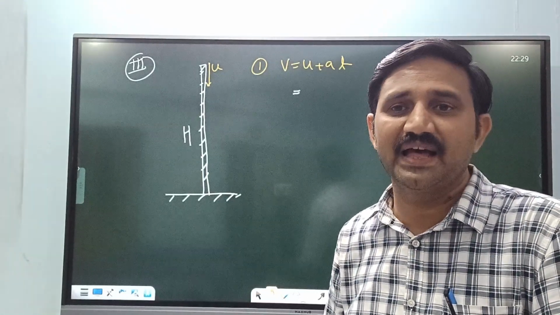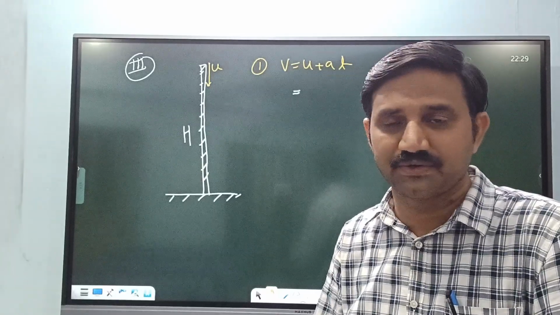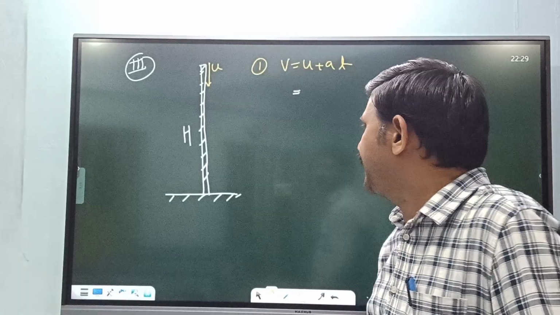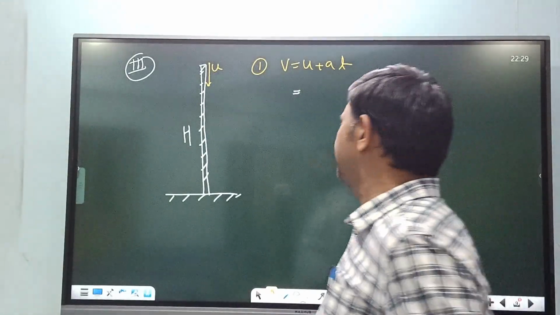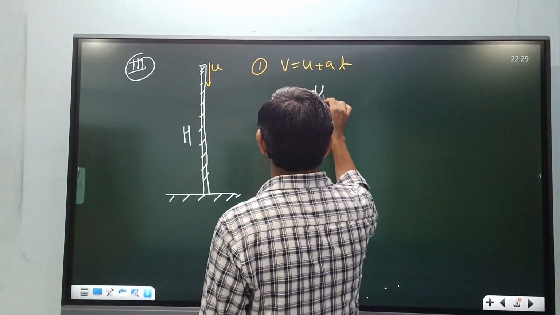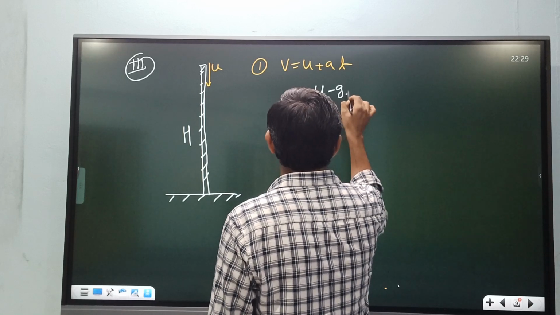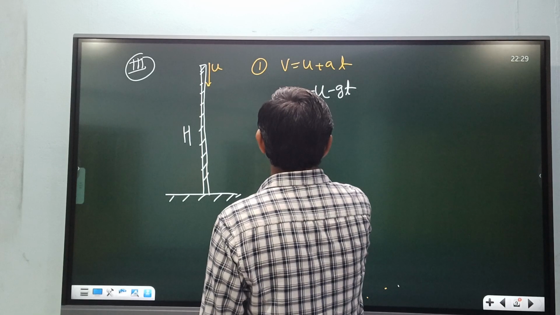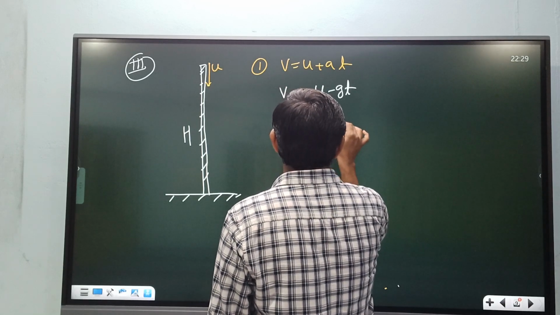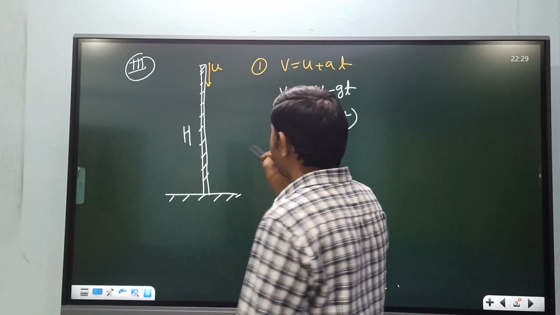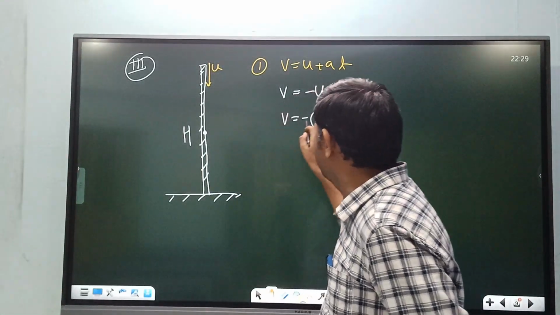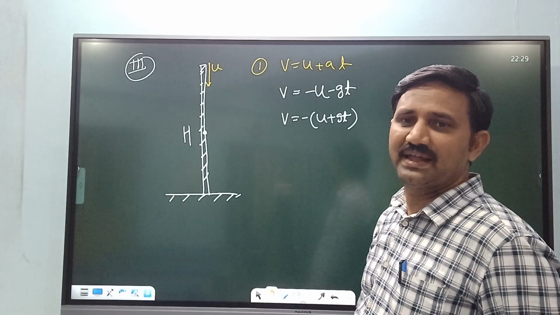So we consider upward velocity as positive and downward velocity as negative. So here u is minus u and a is minus g. So this becomes v is equal to minus u minus gt. This minus sign indicates that after some time, when the body is somewhere here, the velocity of the body is in a downward direction.